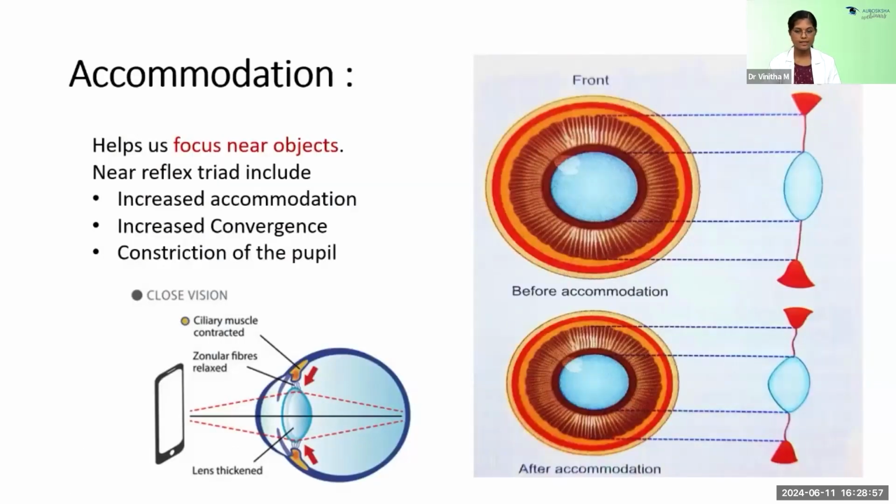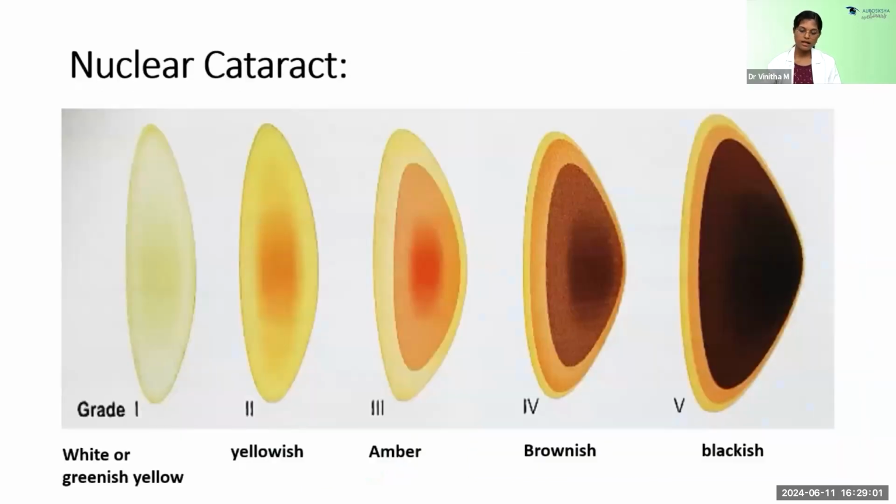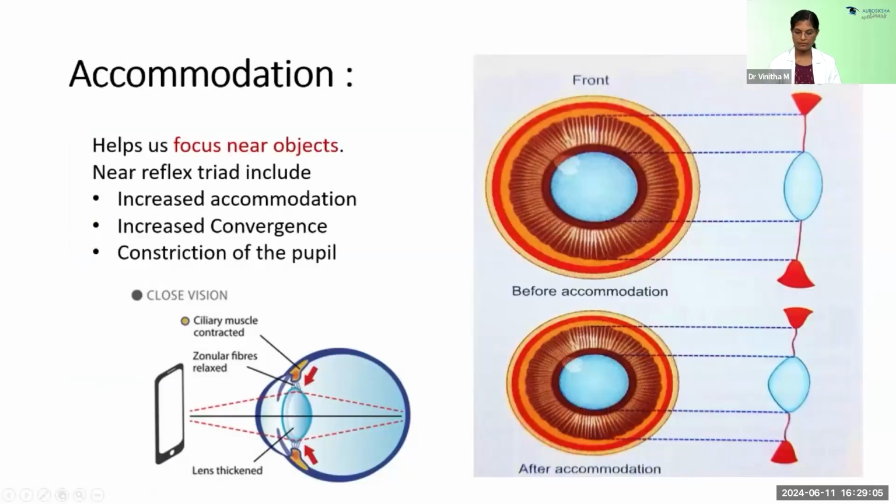Accommodation. It helps us see and focus on near objects. The eye has a unique mechanism by which the diverging light from the near object gets converged onto the retina, known as accommodation.